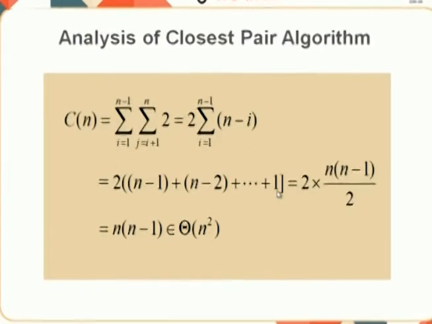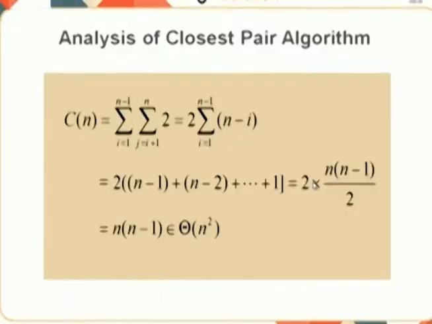Now you can see this is nothing but the Gauss formula. The Gauss formula, you know very well, is 1 plus 2 plus 3 plus 4 up to n, which is n into n plus 1 by 2. It is one of the most influential formulas useful in counting. Now 1 plus 2 up to n minus 1 is n into n minus 1 by 2. The 2 gets cancelled, and finally it becomes n into n minus 1.